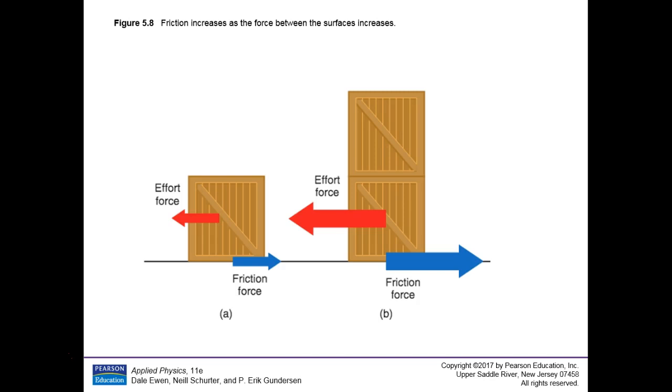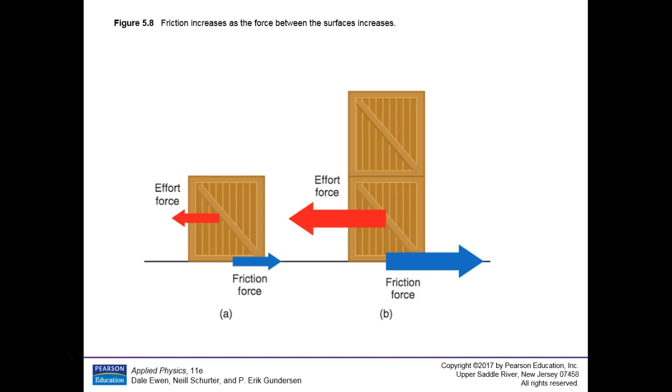So, what if I had a big old crate here? This is a big old crate. And I go to push on it, and I can't move it. I push a little bit, and I push this way, the effort force.